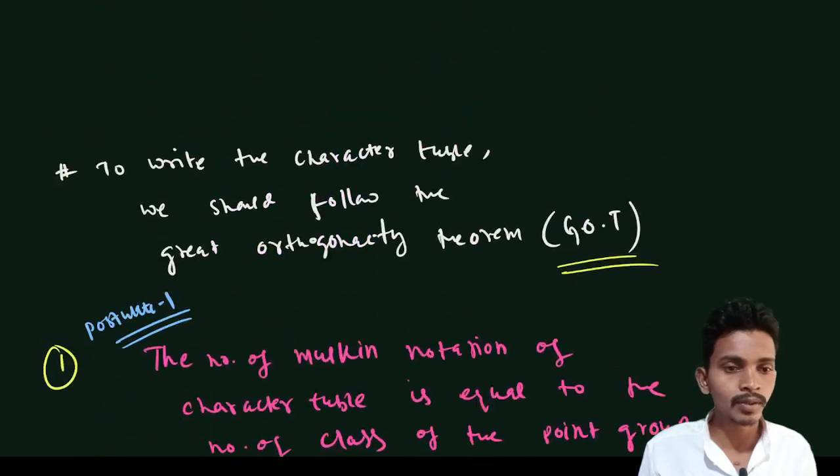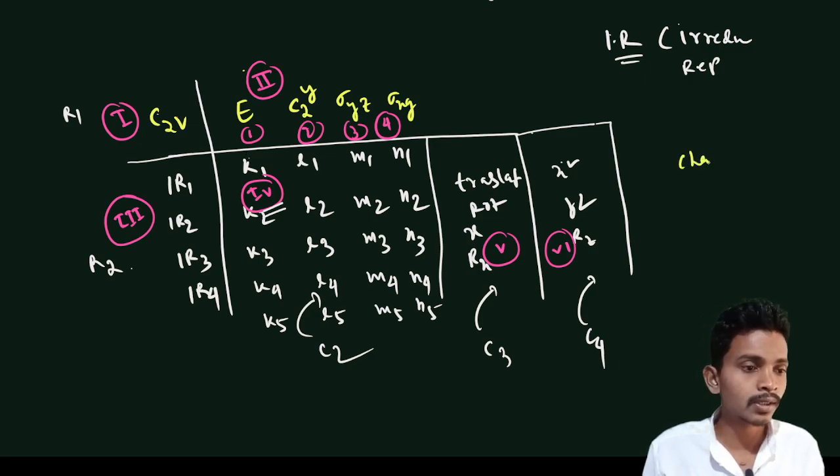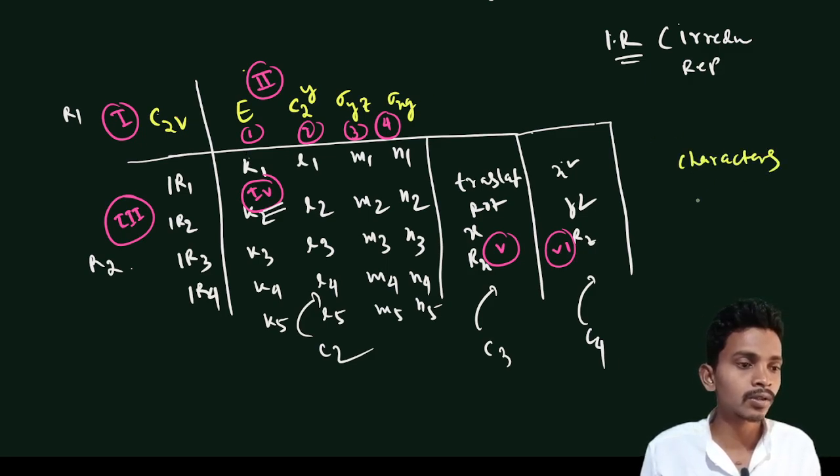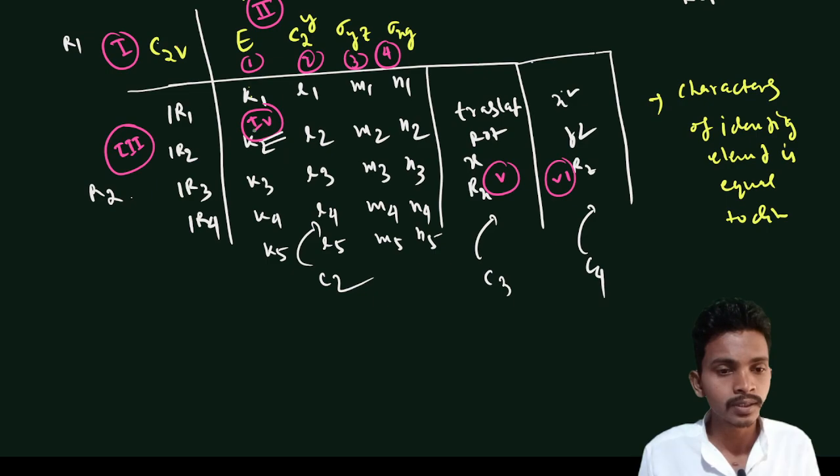So previously what we were saying is that this is the E. So whatever the symmetry elements of these operations, the character of the identity element is equal to the dimension.